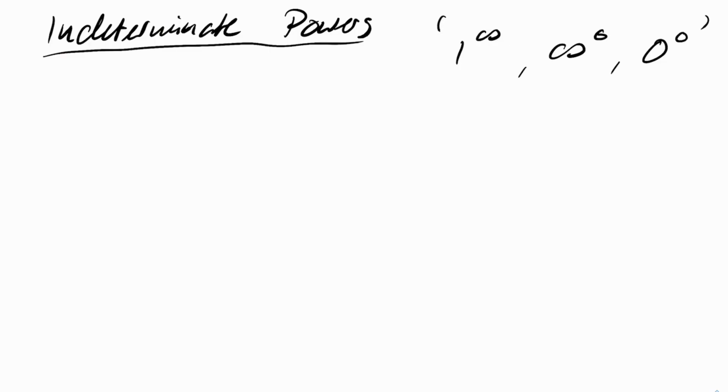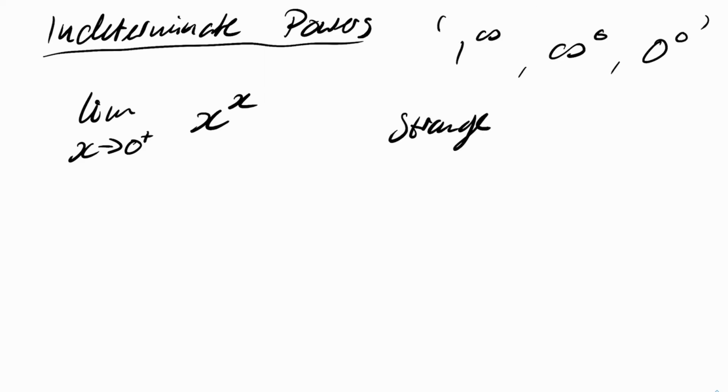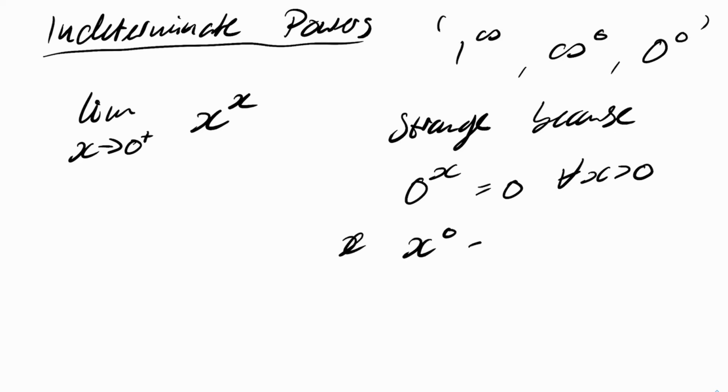Let's have a look at an example of x to the x as x approaches 0 from the right hand side. Now this is strange in two ways. Hard to understand what's happening because 0 to the power x, where x is any positive number, equals 0 for all x greater than 0, and x to the 0 is equal to 1 for all x greater than 0.